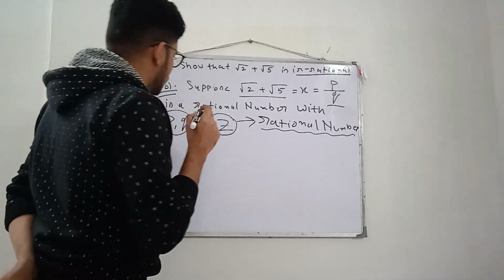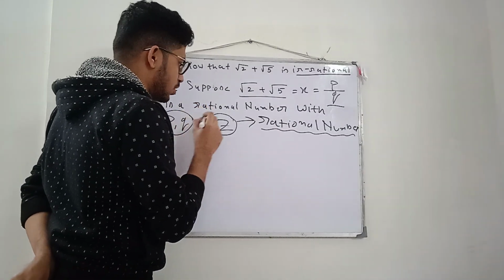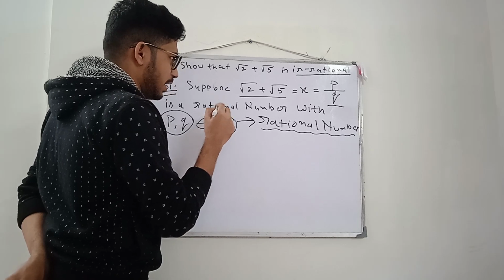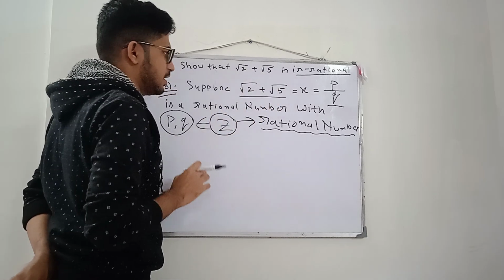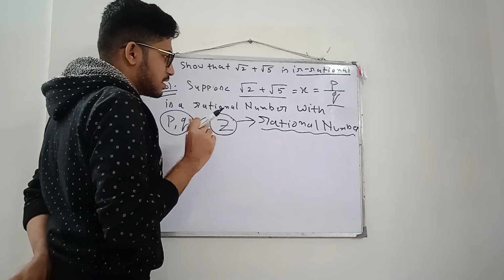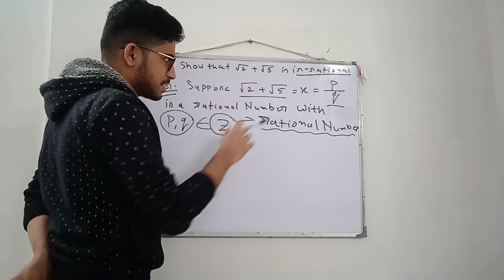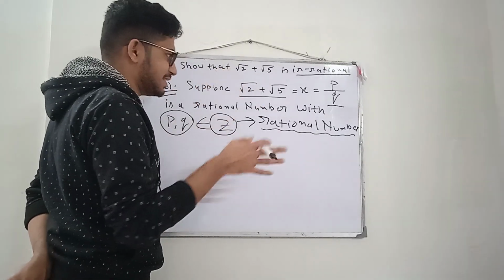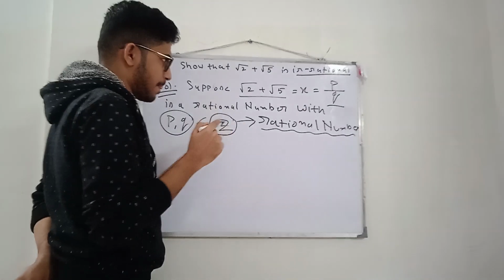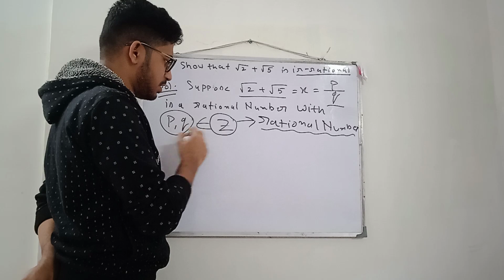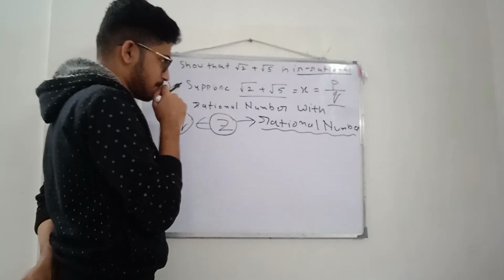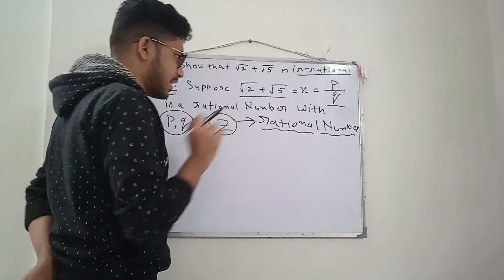Here we have been given p, q, and x is the result of the addition, root 2 plus root 5. Both x and p by q are rational numbers.